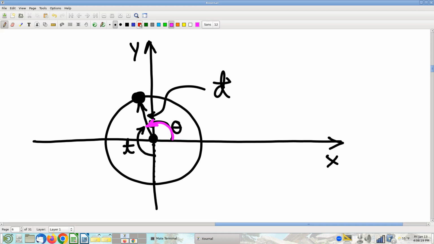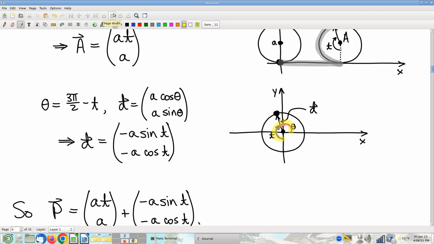T, as we have it set up from before, is this angle. Clearly different, but what's convenient to be able to say is that they add up to 3/4 of a turn, aka 3 pi over 2. So if they add up to 3 pi over 2, then I can solve for theta. Theta is just 3 pi over 2 minus t. And so I can write that down over here: theta is 3 pi over 2 minus t.